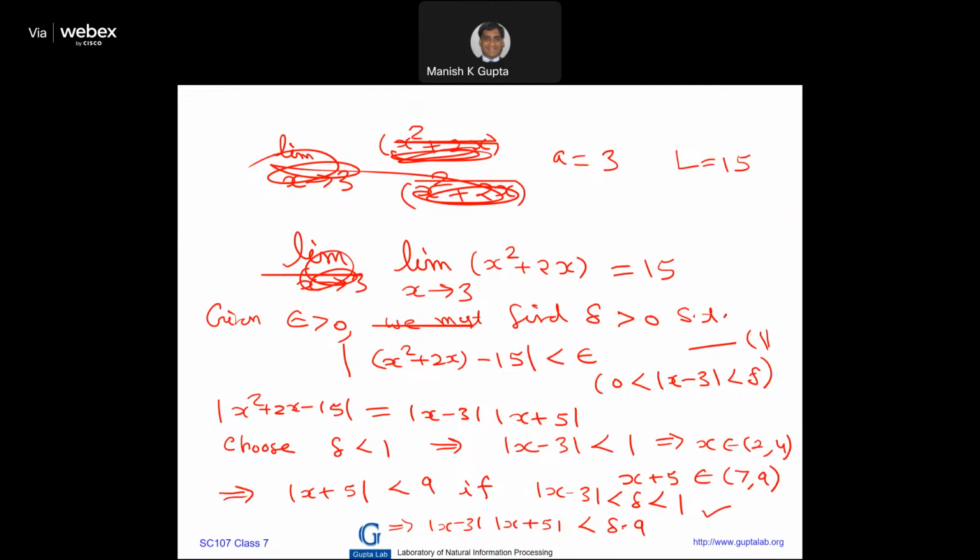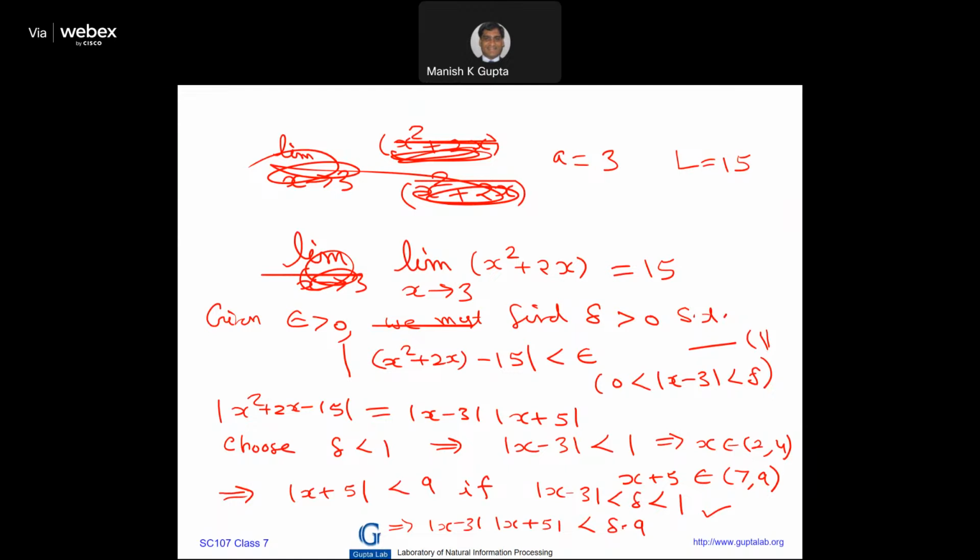So in these problems, given epsilon, which is the size of the neighborhood, you need to find delta somehow, which depends on epsilon. Okay? And that is the whole task. Looking at the inequality of the function, try to estimate the value of delta. That is the only thing.